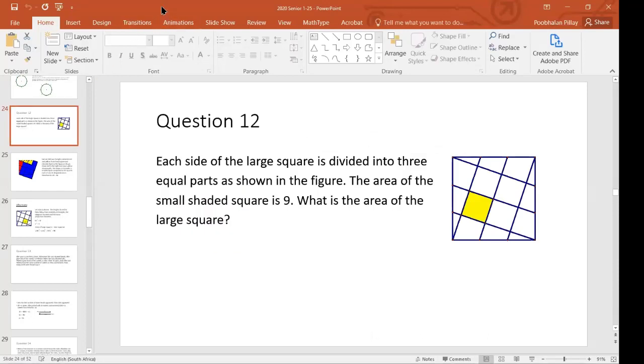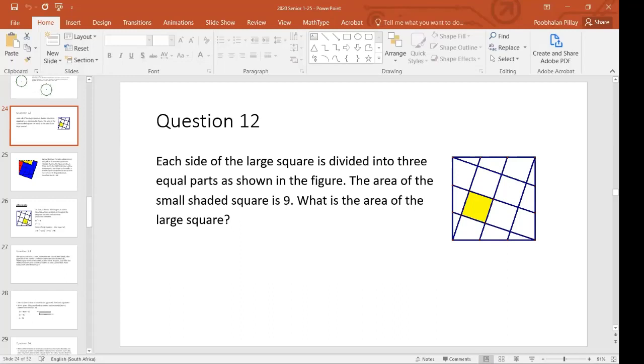Question 12. This is question 12 of the 2020 paper, which we didn't do. I struggled a lot with this, but eventually, you see, this is the problem.